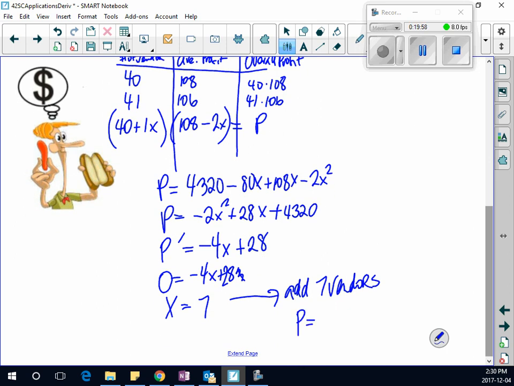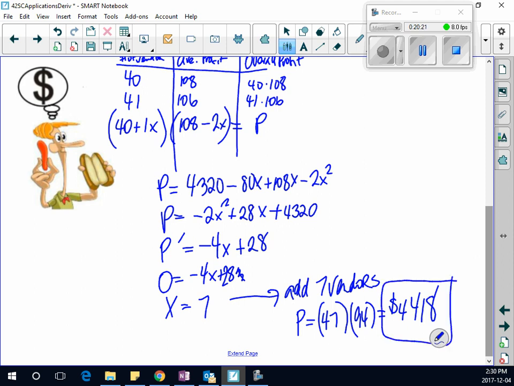The maximum profit would be 47 times 108 minus 14, so that's 94. 94 times 47 is $4,418.